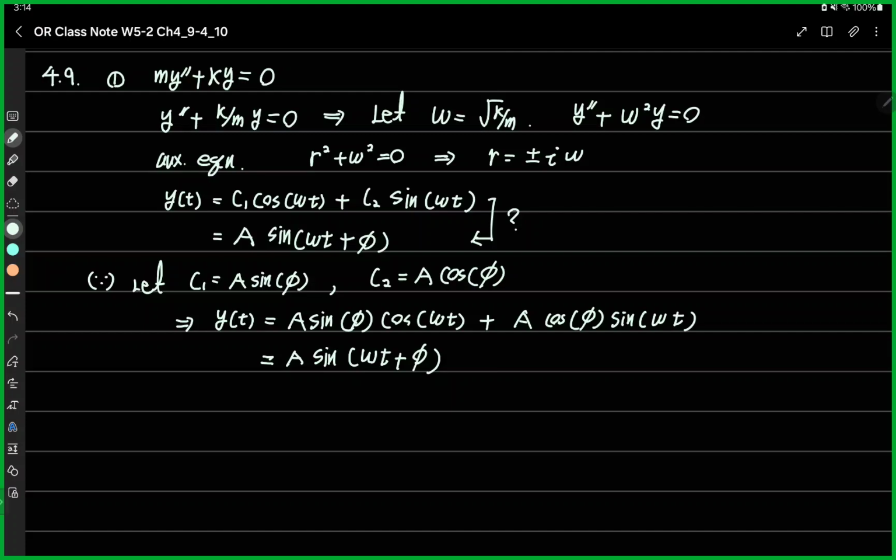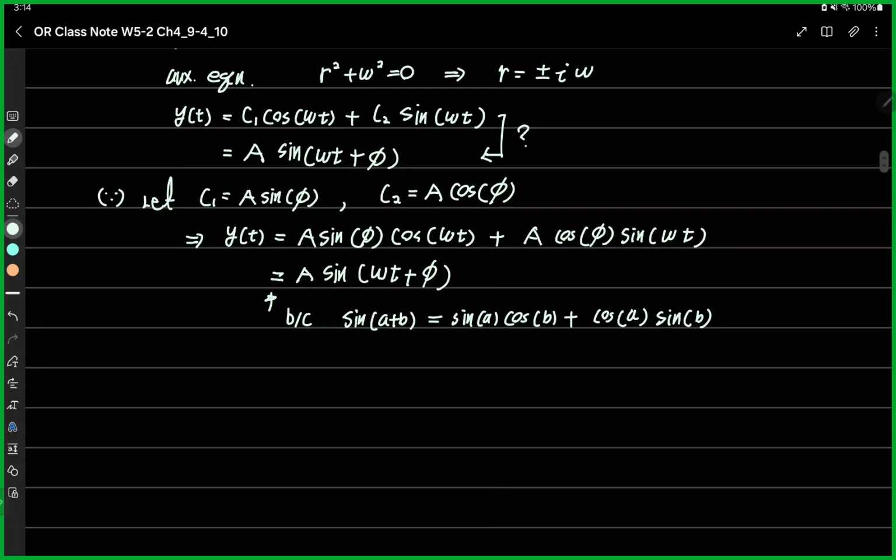Okay, you know the formula, right? Because sine(a plus b) is equal to sine a cosine b plus cosine a sine b. So now here A is called the amplitude.